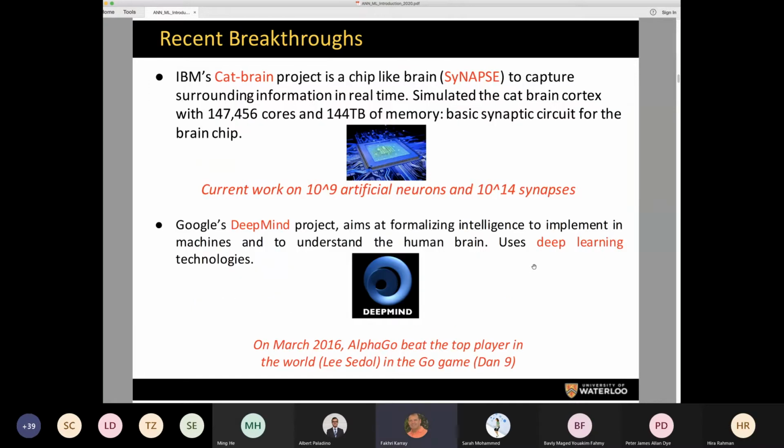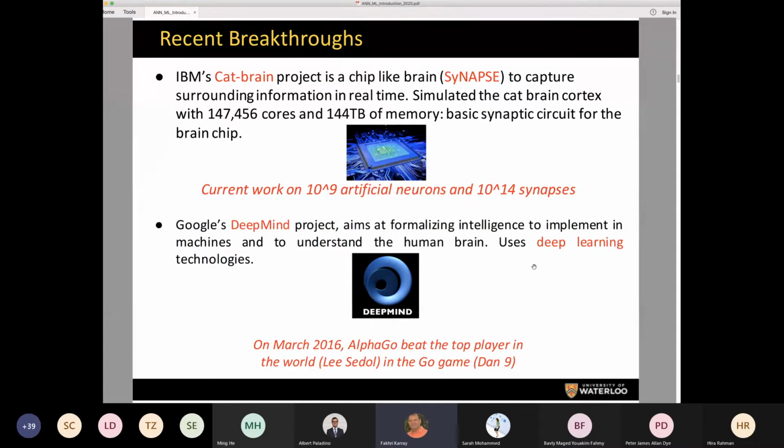We spoke about recent breakthroughs that were accomplished using tools of artificial intelligence, namely tools of deep learning. We spoke about the Synapse project that was created by IBM scientists, and it continues to be improved.